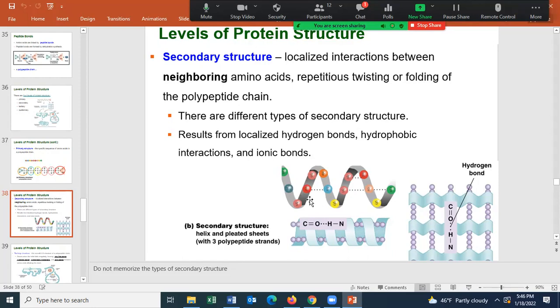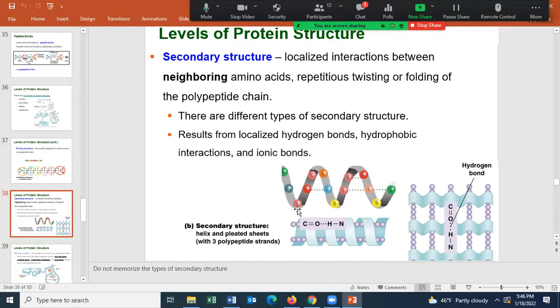You can also have an amino acid which is positively charged, like an arginine, and then an amino acid which is negatively charged, and they will be attracted to each other by ionic attraction, meaning the positive charge is attracted to the negative charge. There can be repulsion.